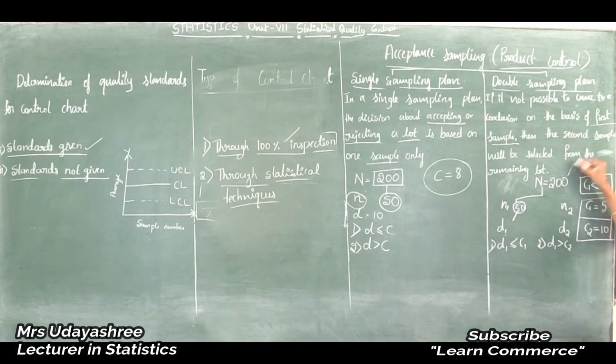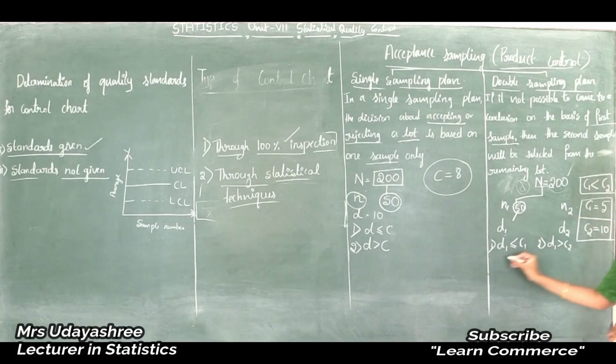Then this lot is rejected, and the entire lot is inspected through 100% inspection, and here we will get some defectives, no? So these defectives are replaced by good ones. Okay, this is about the second condition.